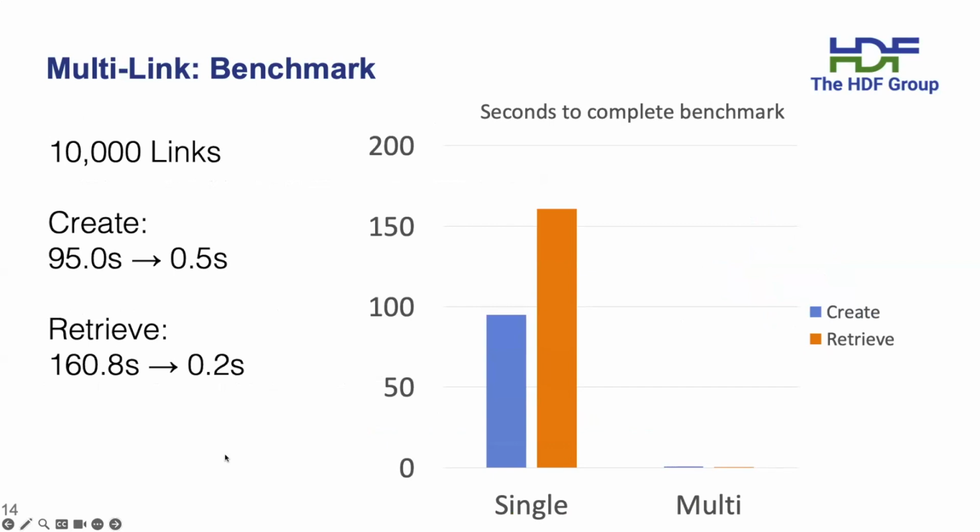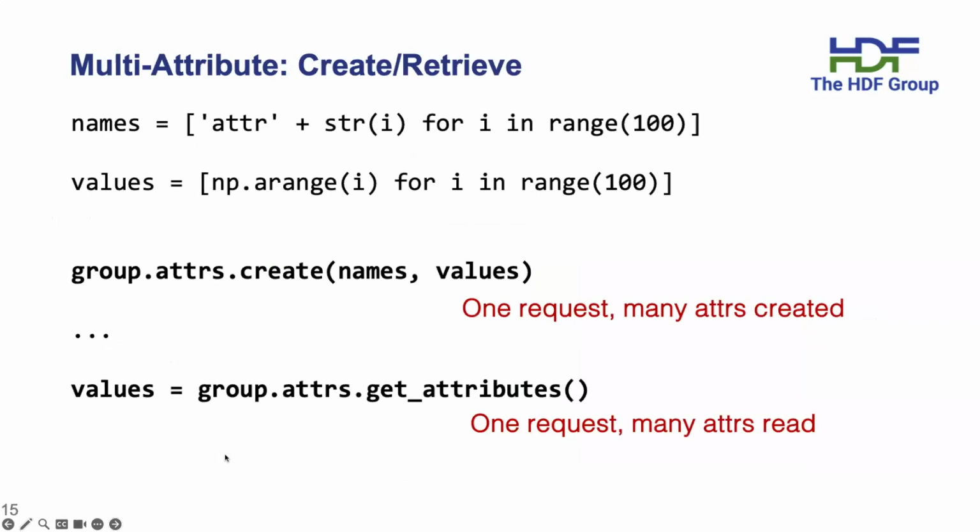So we can see that for these tiny objects in HSDS, most of the time you spend waiting is on latency overhead over the network. Maybe you don't have 10,000 links in your file. That's perhaps a pathological use case, but even for smaller amounts, you'll still see pretty worthwhile gains from using this interface. So, all right, that's the links interface.